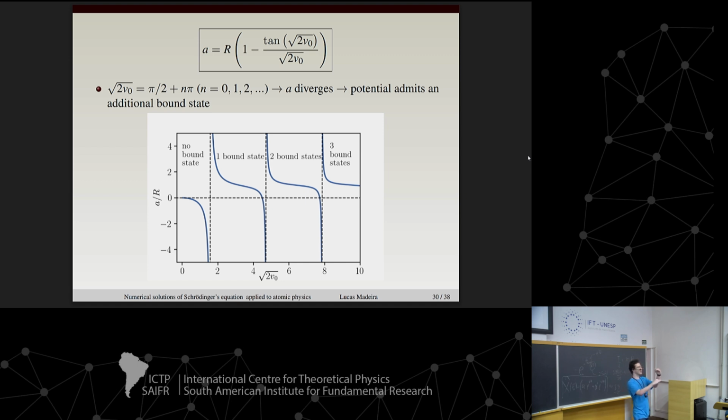The bound state is created for some critical value. What's the energy of this bound state at this very point here? 0, right? It's just barely enough to create a bound state, right?